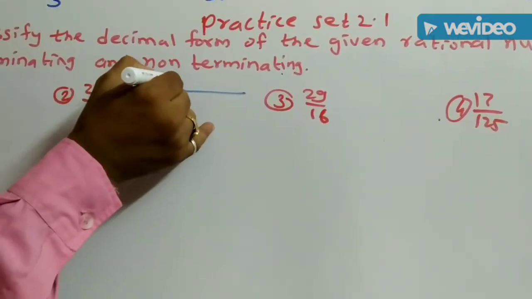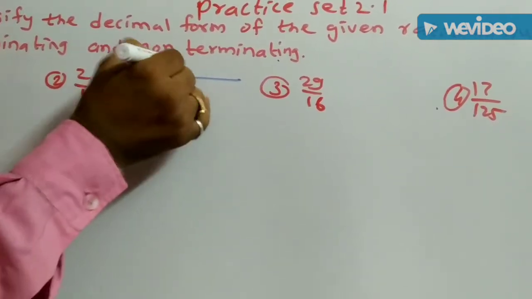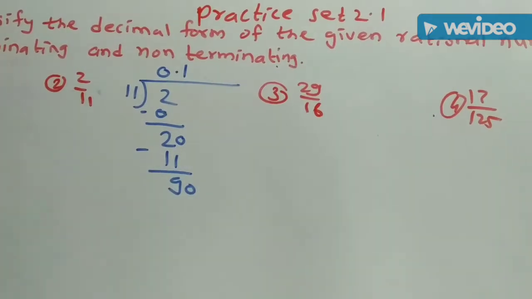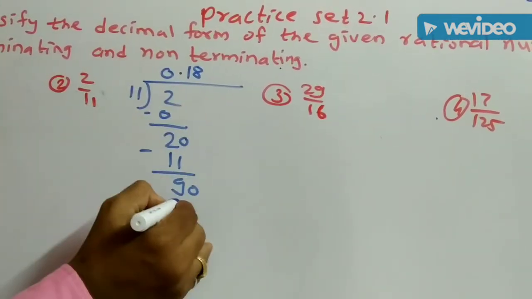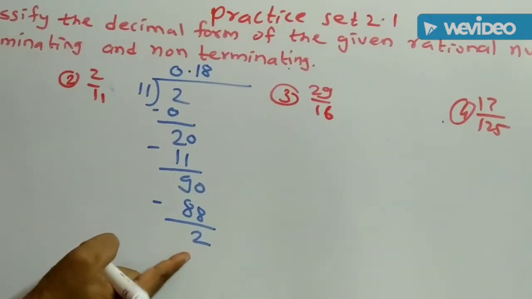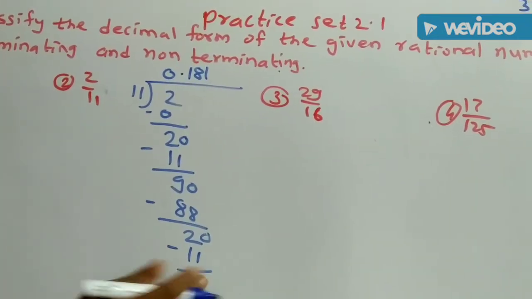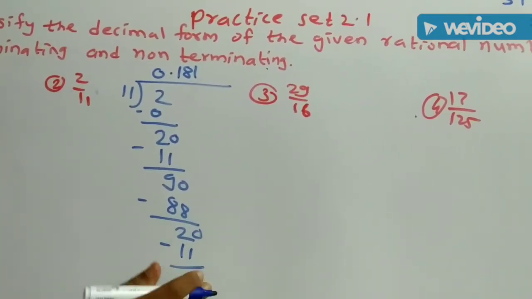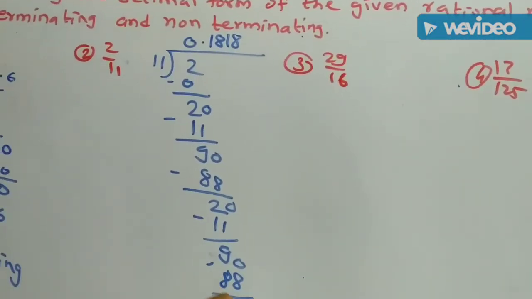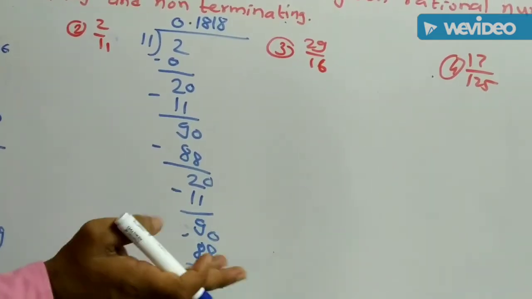Now 2 is not divisible by 11, therefore first we put 0, then we get 2, take 0 and decimal point, 11 ones are 11, remaining 9, taking 0, 11 8s are 88, remaining 2, again we get 2, taking 0, again 11 ones are 11, remaining 9, again take 0 90, 11 8s are 88, again we get 2, then 9, again 2, then 9, again 2, again 9.